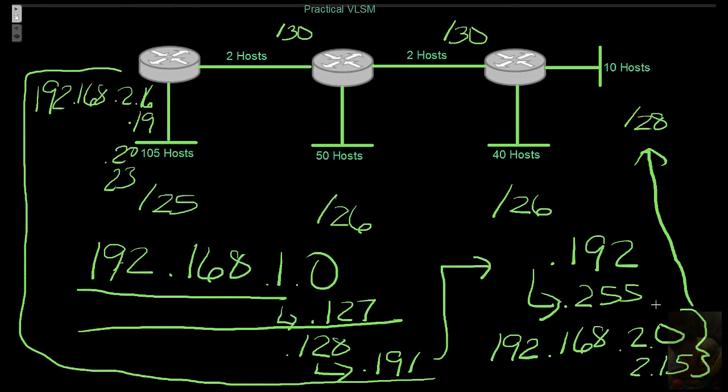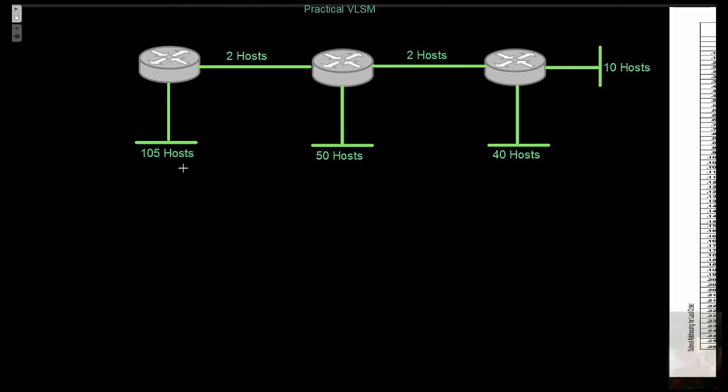Here's something I don't want you to do. This is a common mistake you can make with this. Don't simply take this hosts and these hosts and these hosts here, here, and here, and add them up and say, hey, 105, 155, 195, 205, 207, 209.